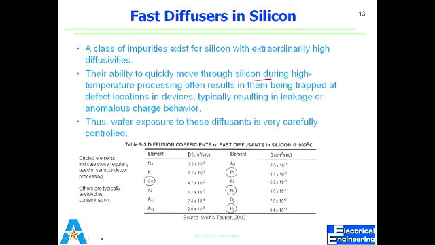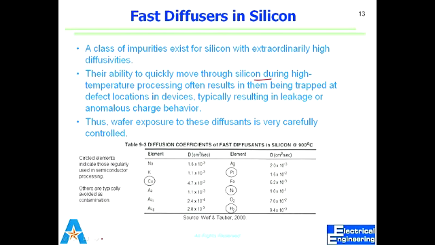There are some diffusers which are very fast, which means that if devices are exposed to them, they can get incorporated into the silicon substrate and get trapped there. Electrically, we then cannot depend on that device. It will behave erratically, in the sense that it will not be controlled. Mostly these are metals.